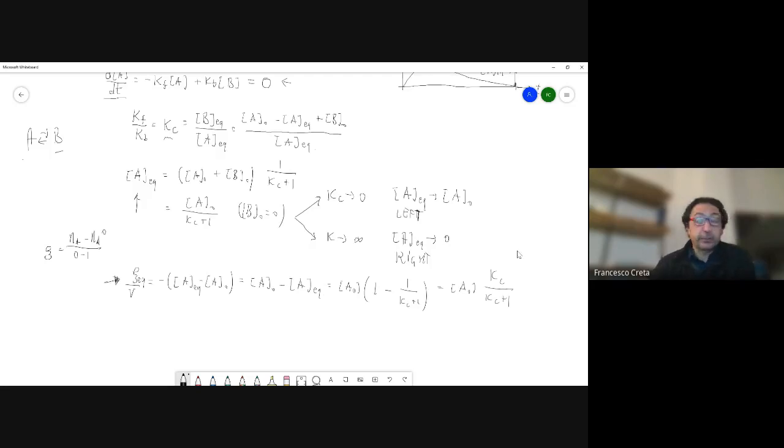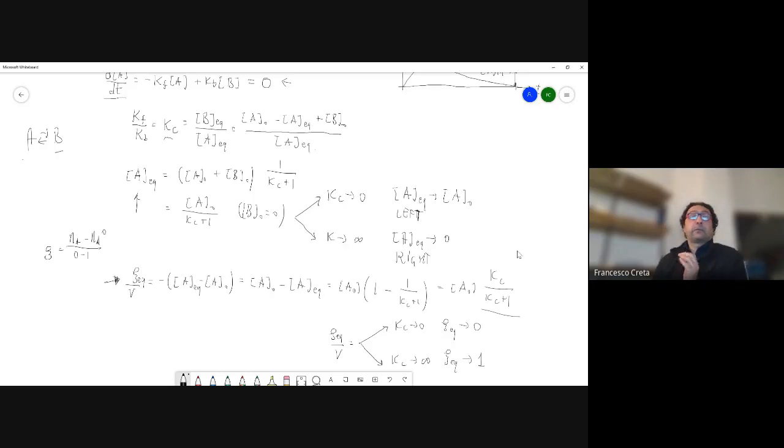So clearly, for Kc going to 0, the equilibrium value of the progress variable will tend to 0, as so completely shifted to the left, as we said. And if Kc goes to very high, so to infinity, this factor here would be 1, and we have the progress variable at equilibrium tending to 1. Rather straightforward, okay?